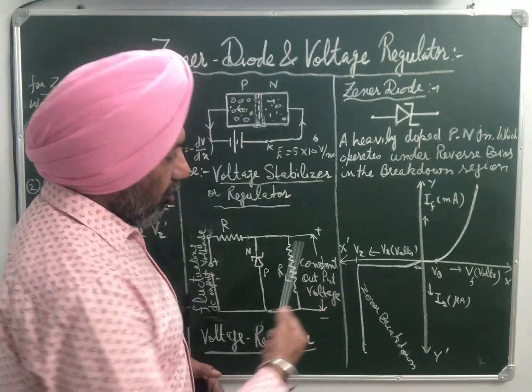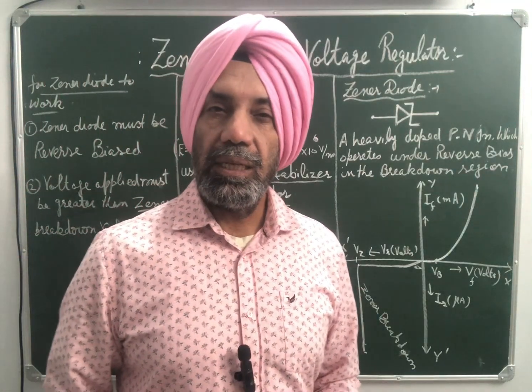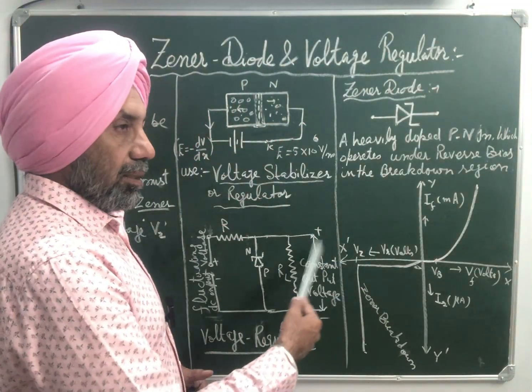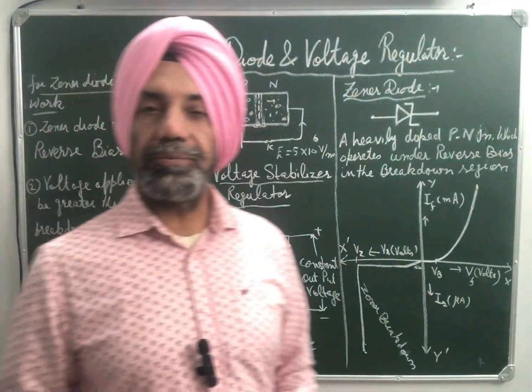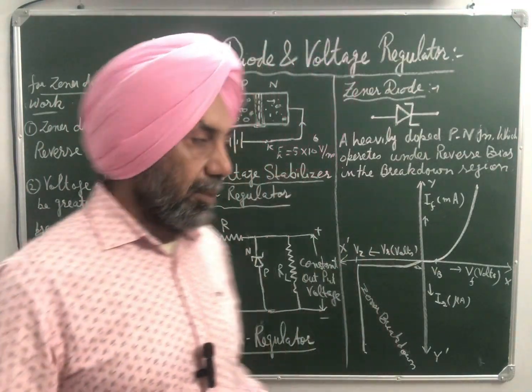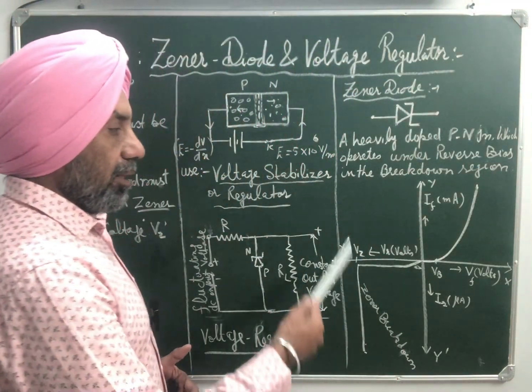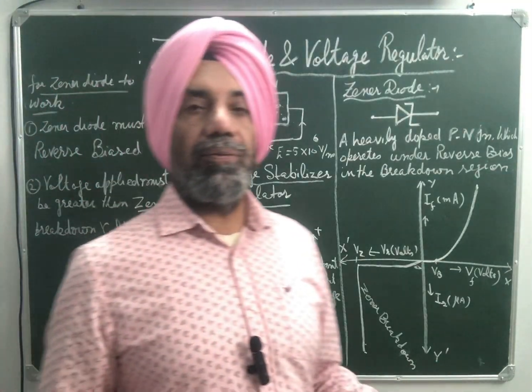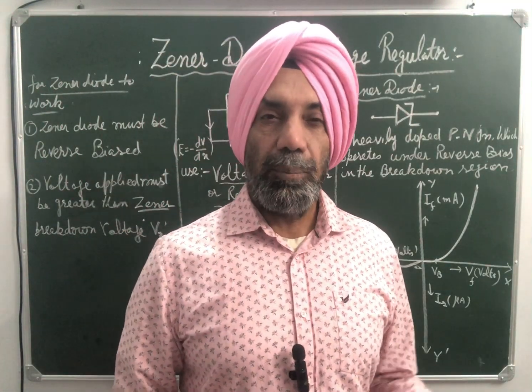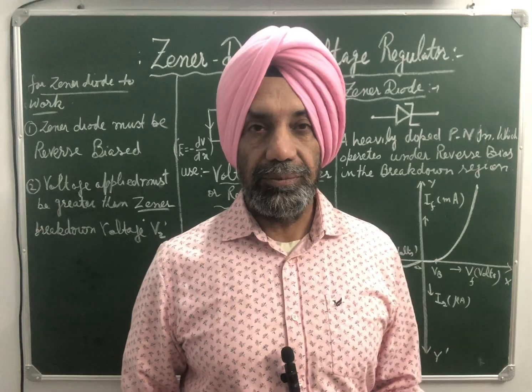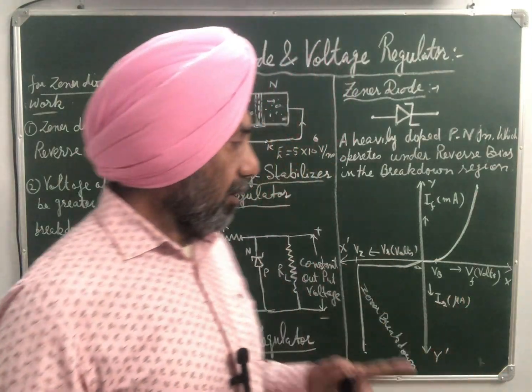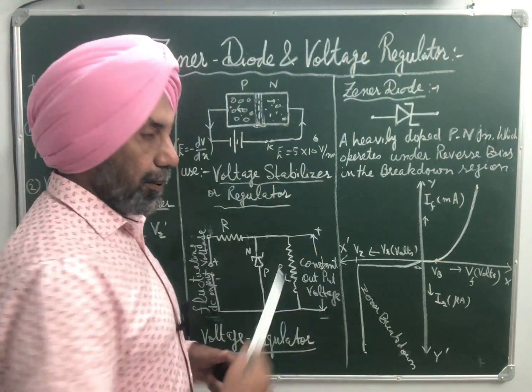And when we increase the voltage further, there is no change in current. That is, current becomes independent of reverse voltage beyond a particular value known as Zener breakdown voltage Vz.